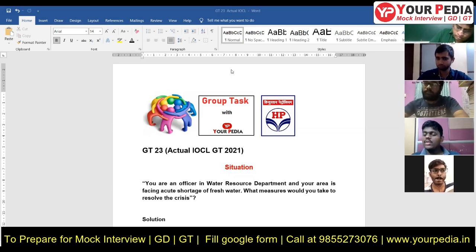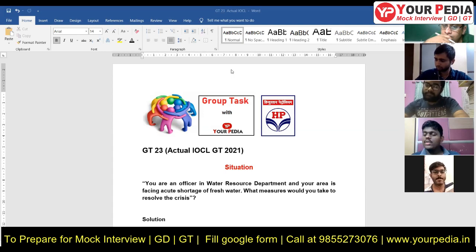There is an acute shortage of fresh water. One approach to mitigate this would be setting up purification plants. The question said there is a shortage of fresh water, but there may be an abundance of salt water or water which is not fresh.